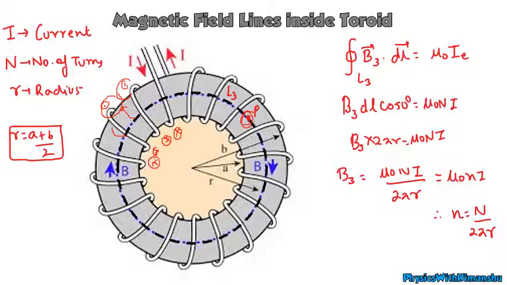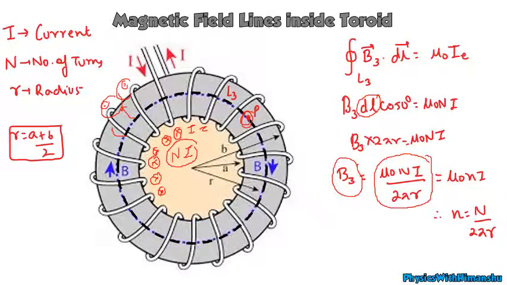The total enclosed current will be equal to the total number of turns times the current, because suppose we have N turns and in each turn the current is I. So the total enclosed current will be N i, so it will be mu naught N i. So B into 2 pi r will be equal to mu naught N i, because the total length will be 2 pi r. So the magnetic field inside the core of the toroid will be mu naught N i upon 2 pi r, where small n is the number of turns divided by 2 pi r, and r is given by (a + b)/2.